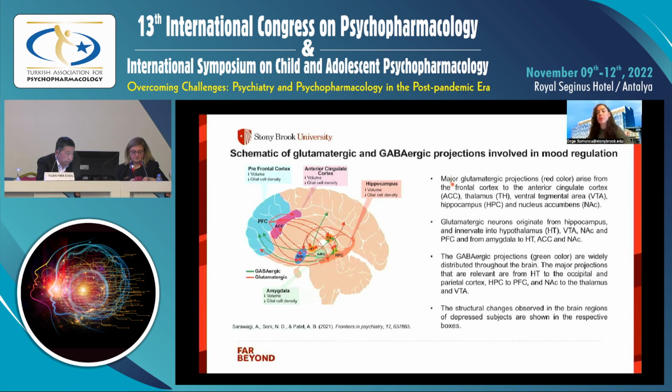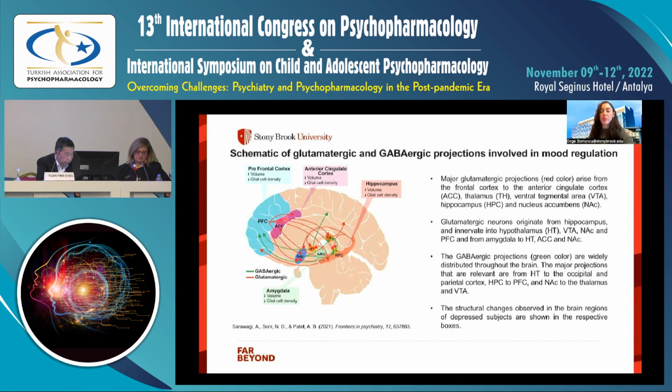So major glutamatergic projections arise from the frontal cortex, and in the frontal cortex there is involvement of the anterior cingulate cortex, ACC, thalamus, ventral tegmental area, hippocampus, and the nucleus accumbens.